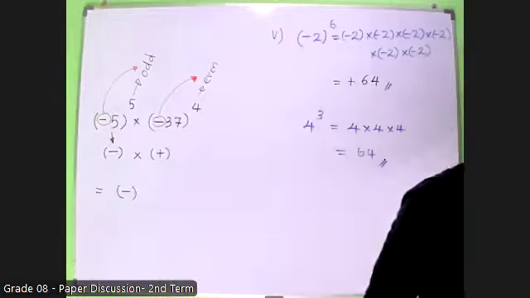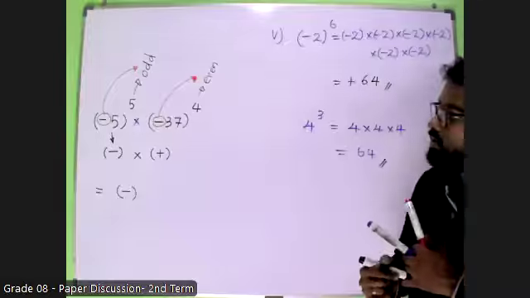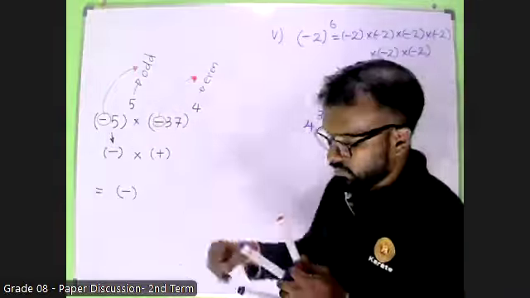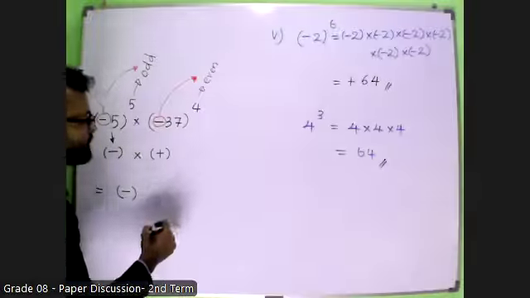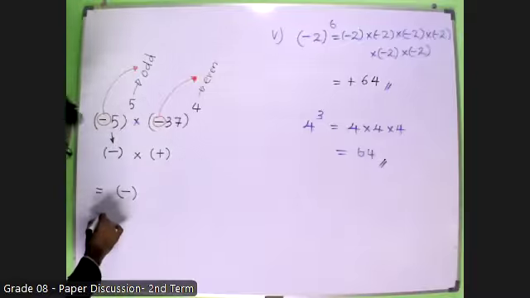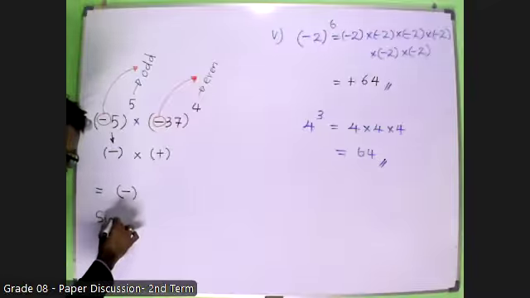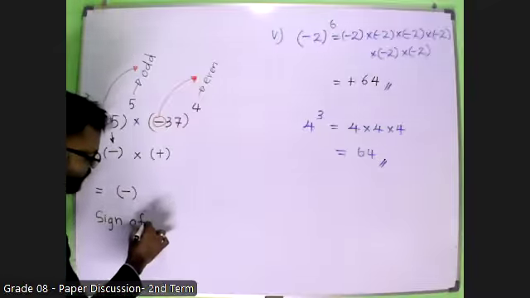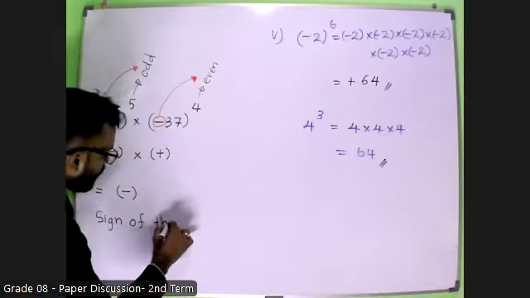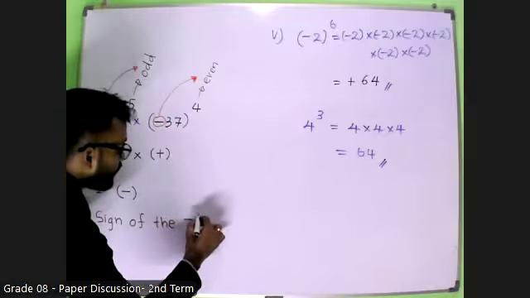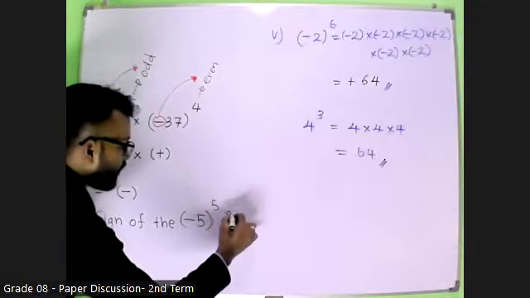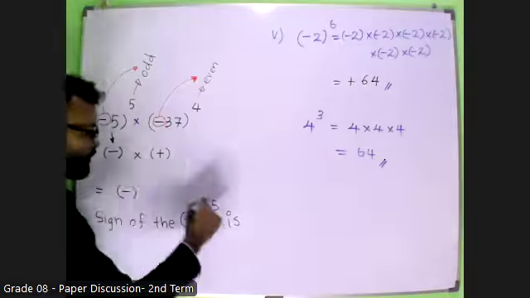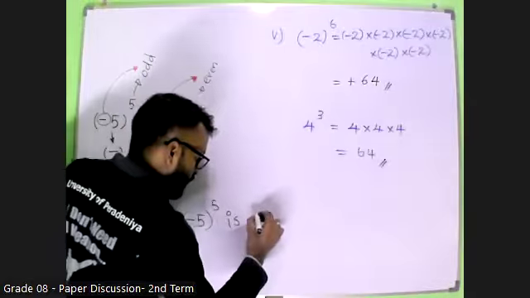So you can write, actually you need to give the reasons for that. Sign of the negative 5 to the power 5 is negative.